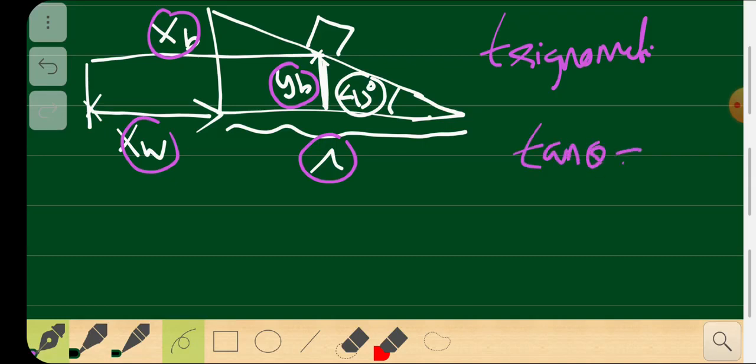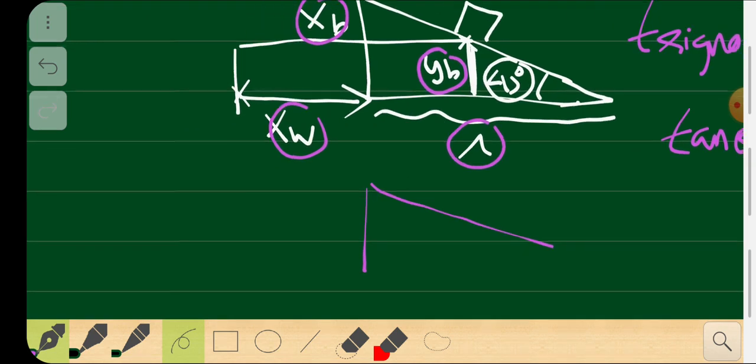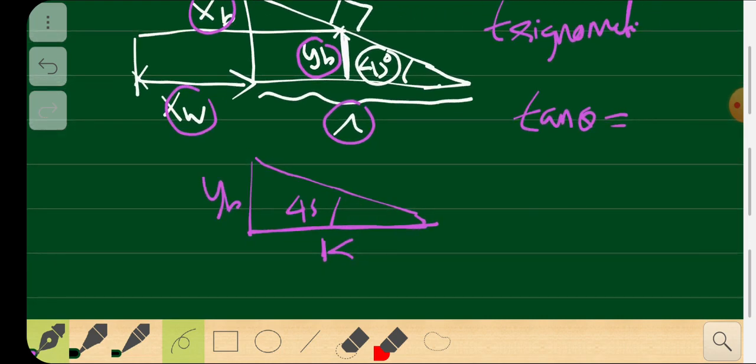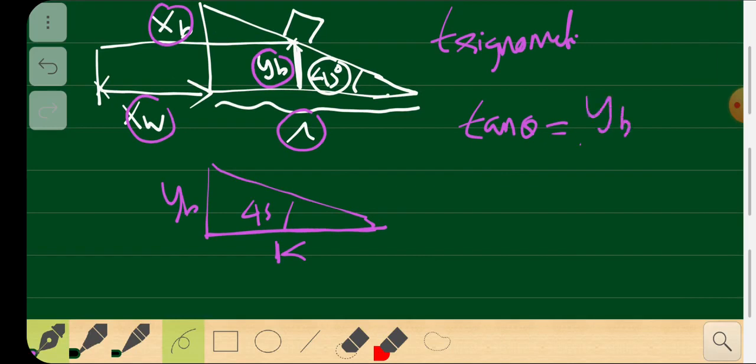Theta is here, some 45 degrees, and this is yb, from this picture itself, and this is some distance, I don't know what it is, so I'm going to call this distance k. So tan theta will be yb by k. That's something I can use.